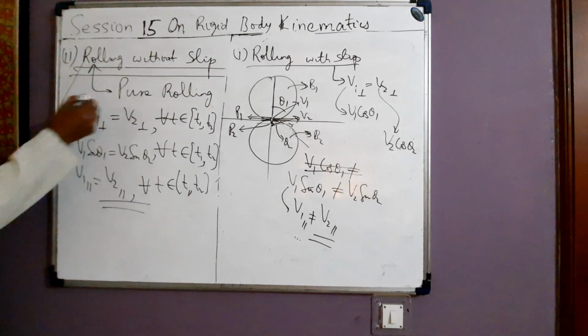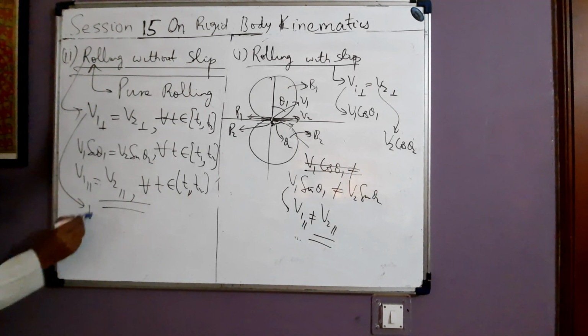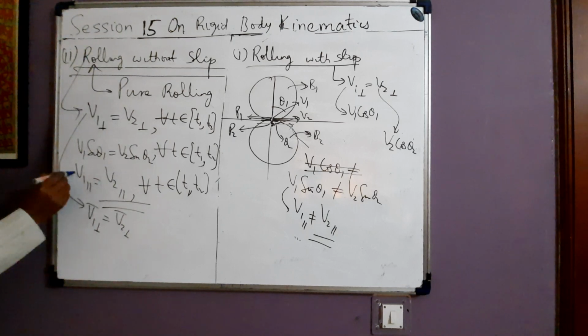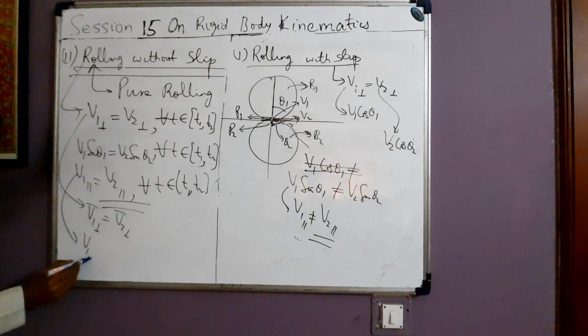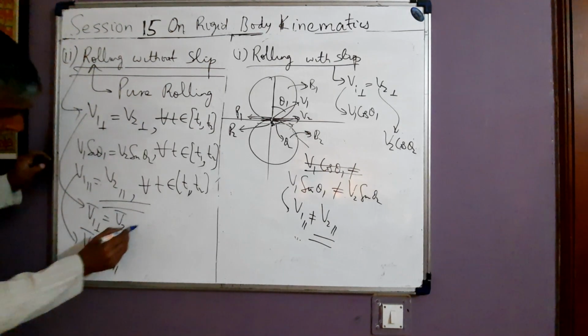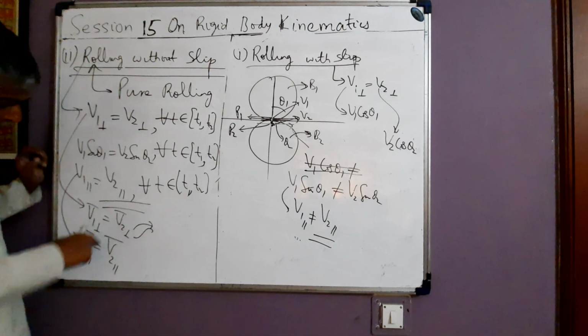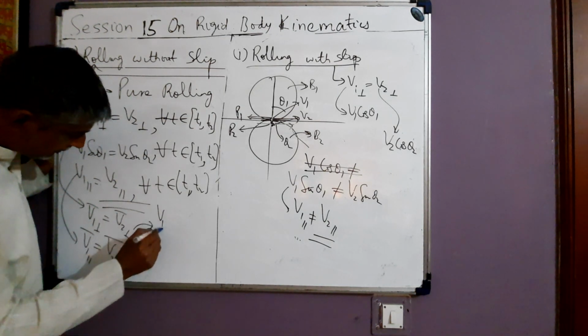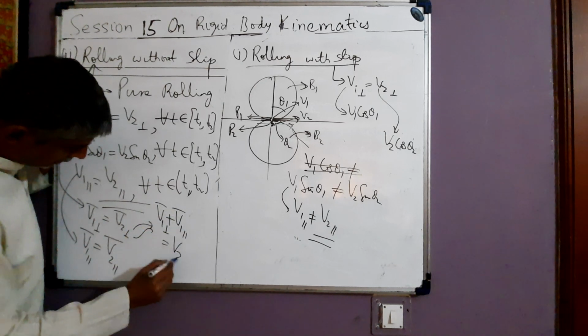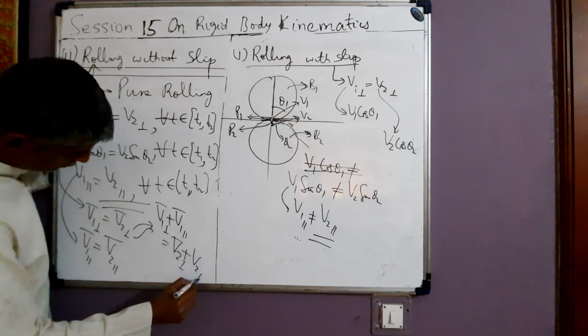Now if you write this in vector form, then V1 perpendicular vector is equal to V2 perpendicular vector. And V1 parallel vector is equal to V2 parallel vector. If we add these two equations both sides, we get V1 perpendicular plus V1 parallel is equal to V2 perpendicular plus V2 parallel.